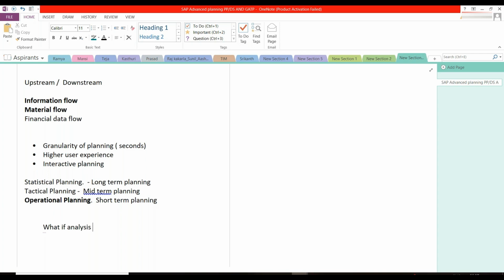We are going to speak about something called version management, and how grateful it would be as a planner to do this what-if analysis, realizing what the potential is when I make these changes and how it is going to impact my planning. If I'm able to do this, that gives me a clearer vision of my planning. So this is another important thing that makes the client think about advanced planning, because it gives the option of what-if analysis.